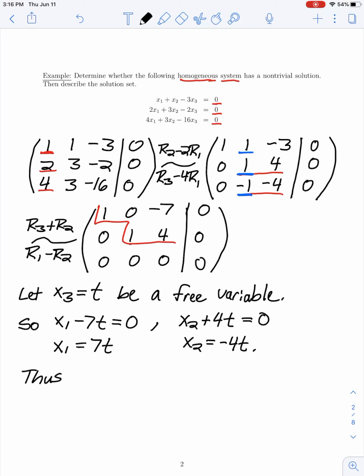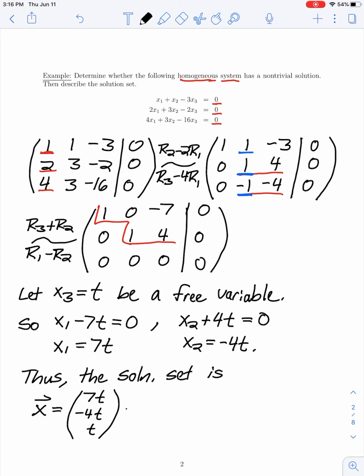So to write out our answer, we would say the solution set would be the set of all vectors, if we write this in vector form, x, of the form where x1 is equal to 7t, x2 is negative 4t, and x3 is equal to t.